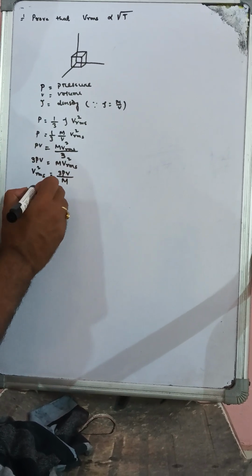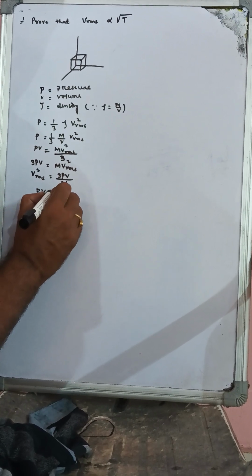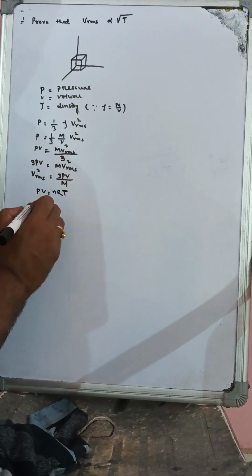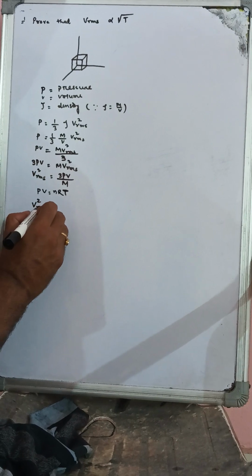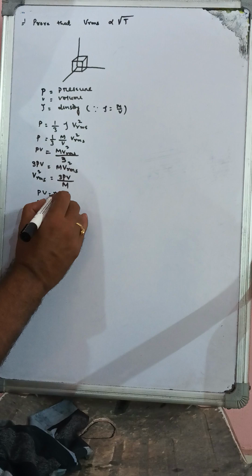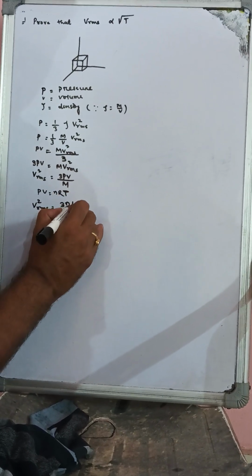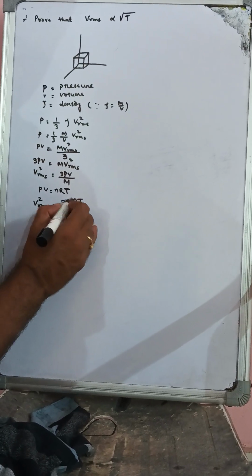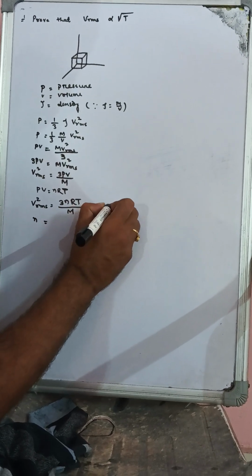Okay, then we know PV is equal to nRT for an ideal gas. Then Vrms square is equal to, we put the value of PV as nRT, 3nRT divided by m. This is equation 1.